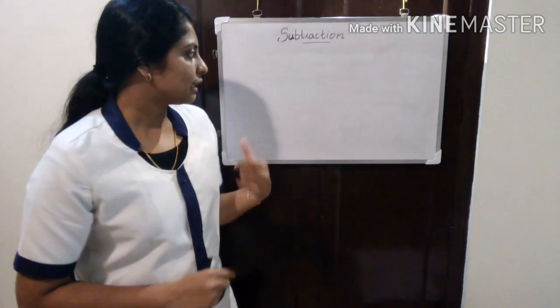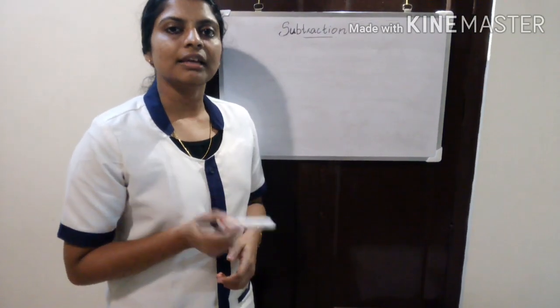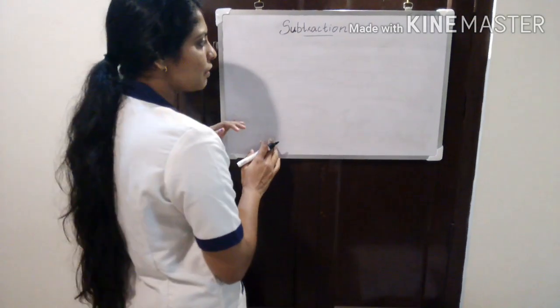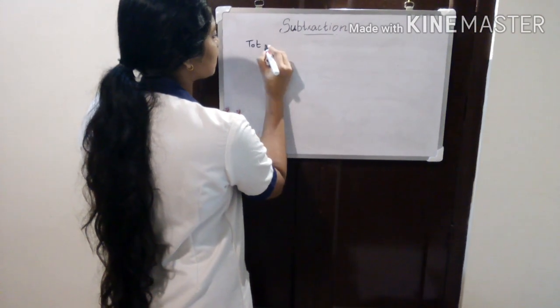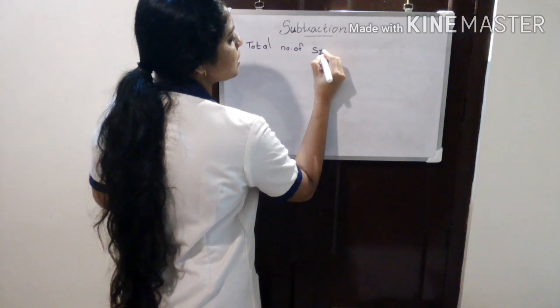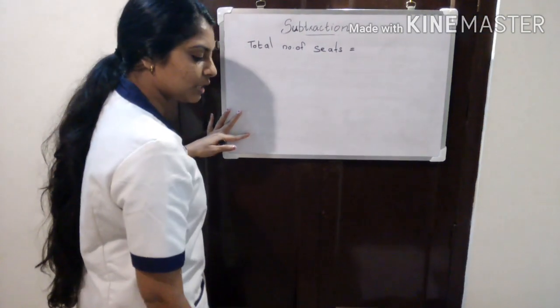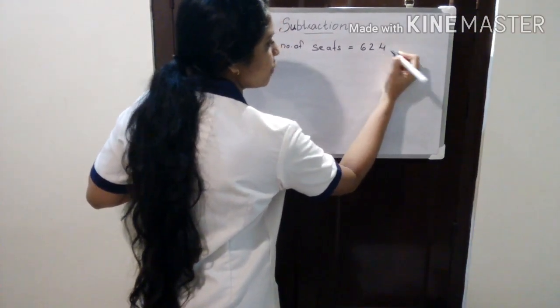So, the steps. First, you have to listen here carefully, then write the answer. First step is the total number of seats. What is the total number of seats? Total number of seats is 624.